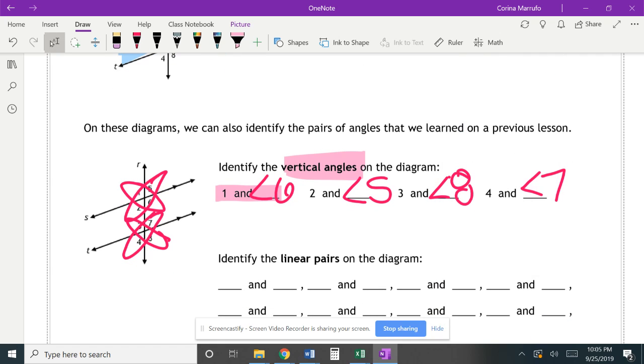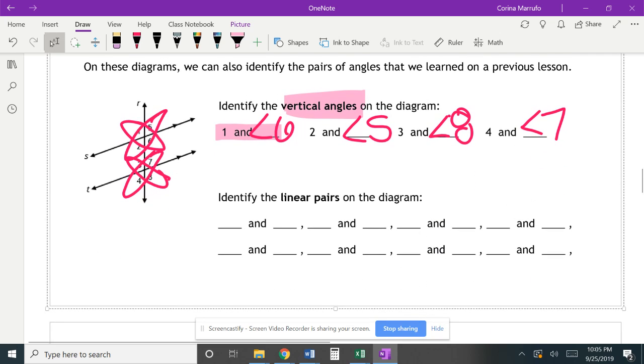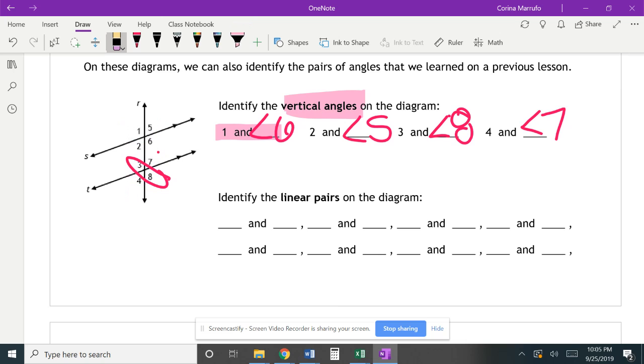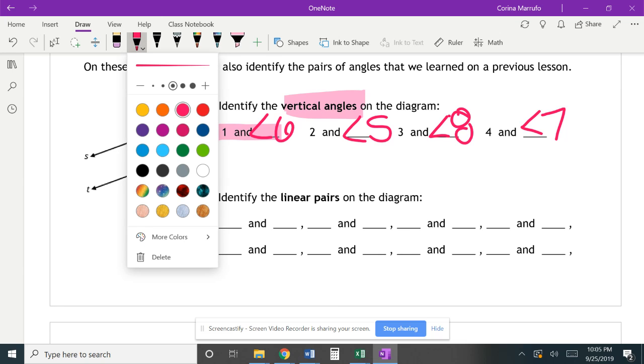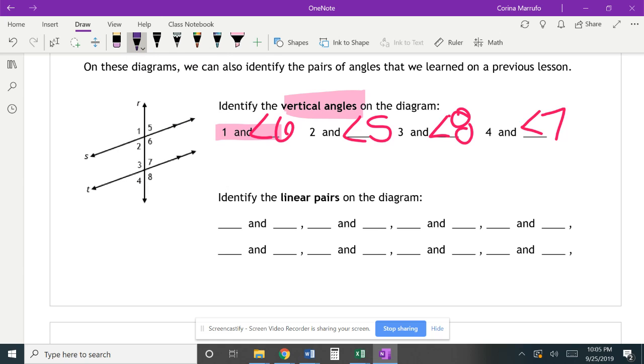Now it says identify the linear pairs in the diagram. So remember, the linear pairs are two angles that are on the same line. So I'm going to erase this. If we notice here, angles 1 and 2 are both on this line R. So angle 1 and angle 2.